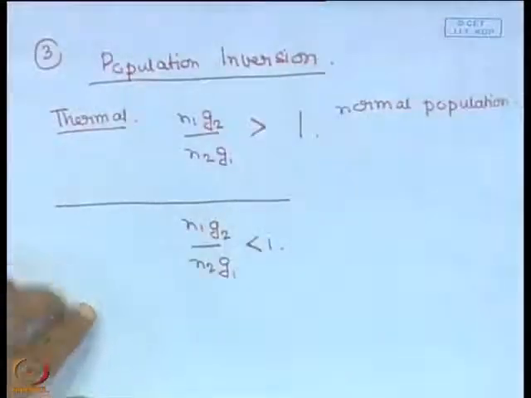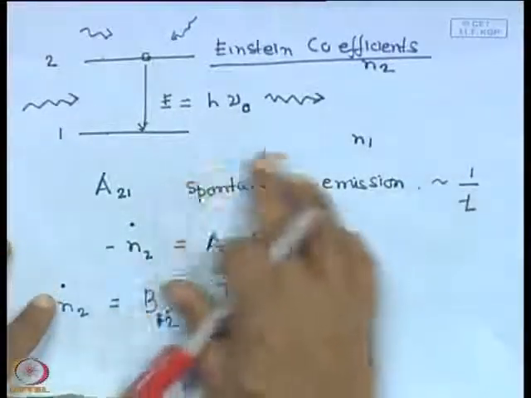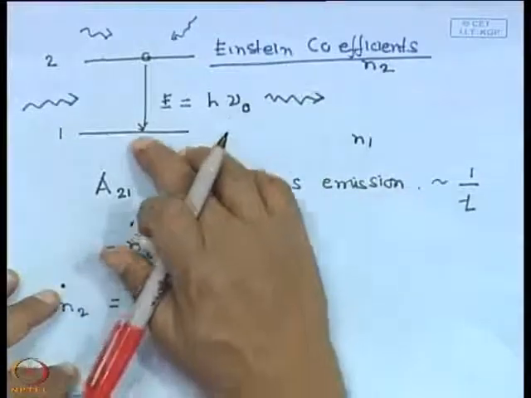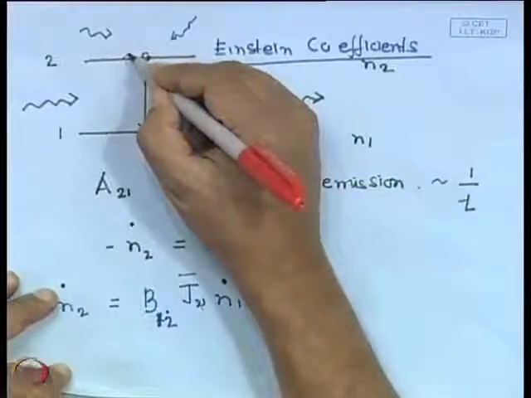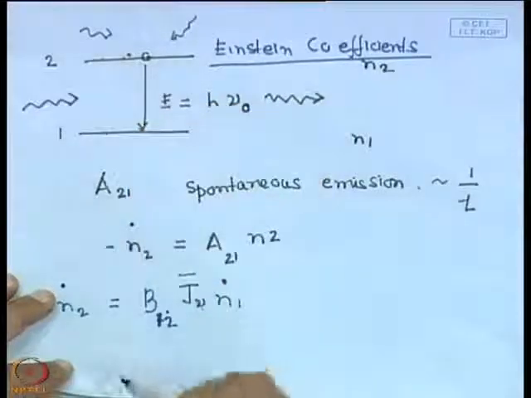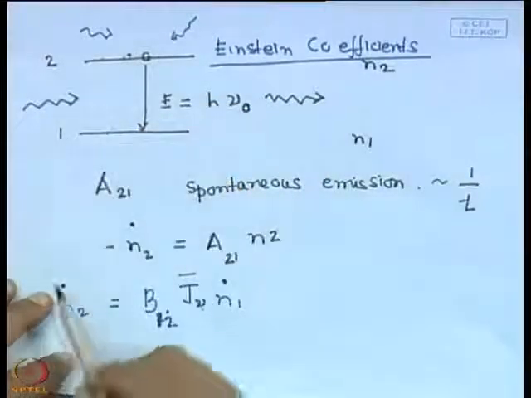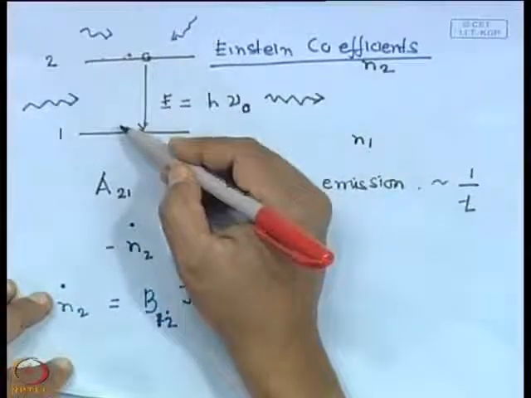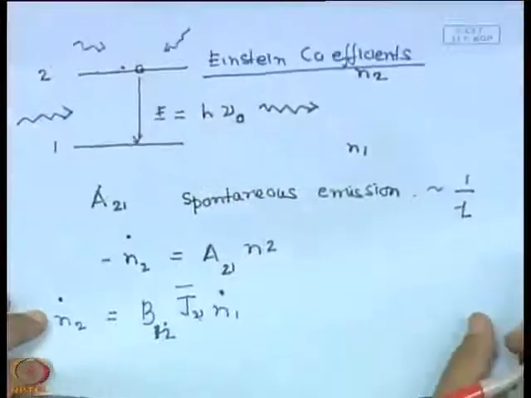But population inversion is the situation where there are more particles in the excited state, less in the ground state, and if I put in some radiation, then the stimulated emission exceeds the absorption.